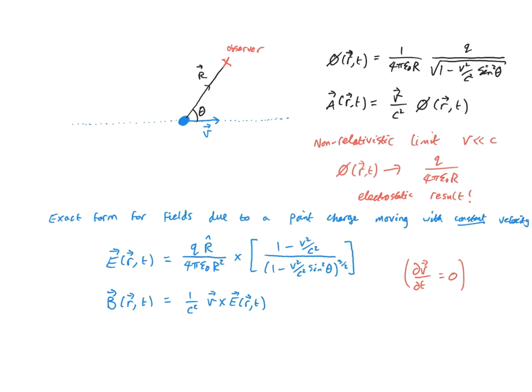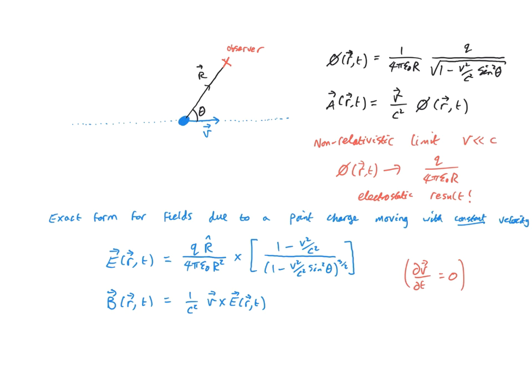One is that the direction of the electric field is radial. So we see here that the electric field is always pointing in the r hat direction. We also see that it has a 1 over r squared behaviour, just as the usual Coulomb law.